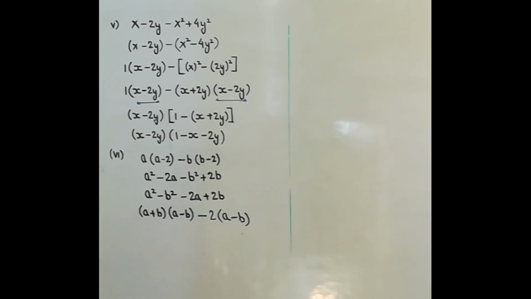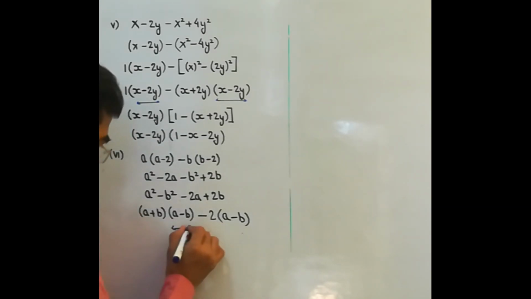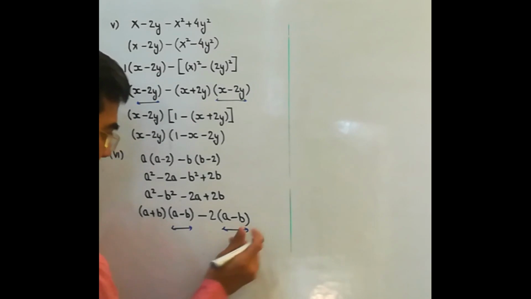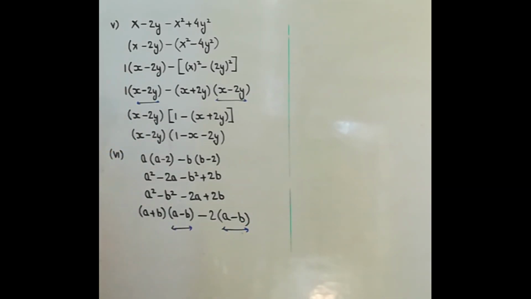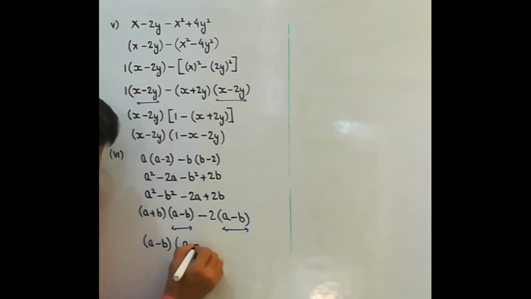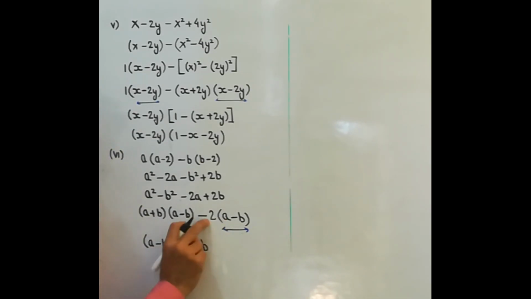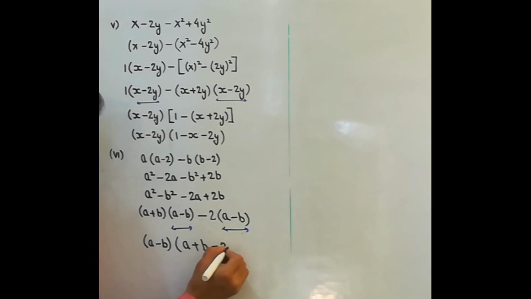Now you see what can be taken common from here. This a minus b can be taken common from these two. So let us take a minus b common. So from this group you have taken a minus b common, so you are left with a plus b, and here you have taken a minus b common, so you are left with minus 2.